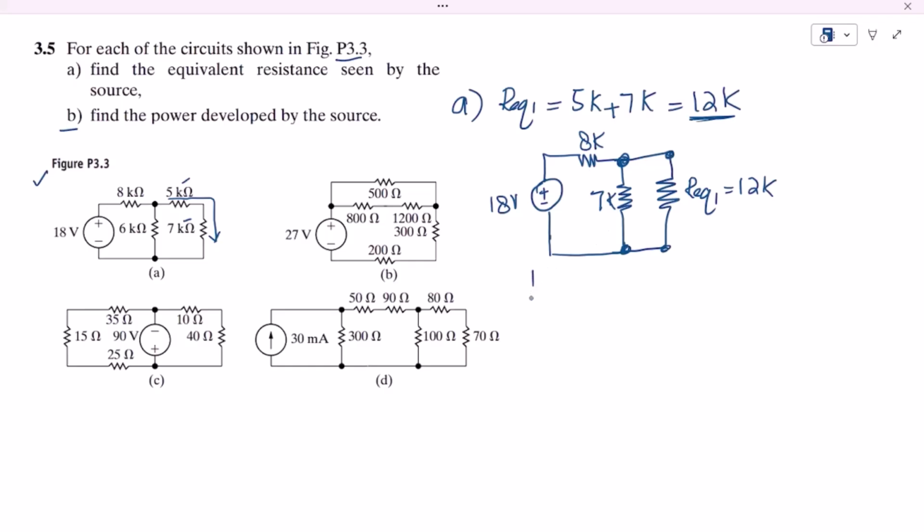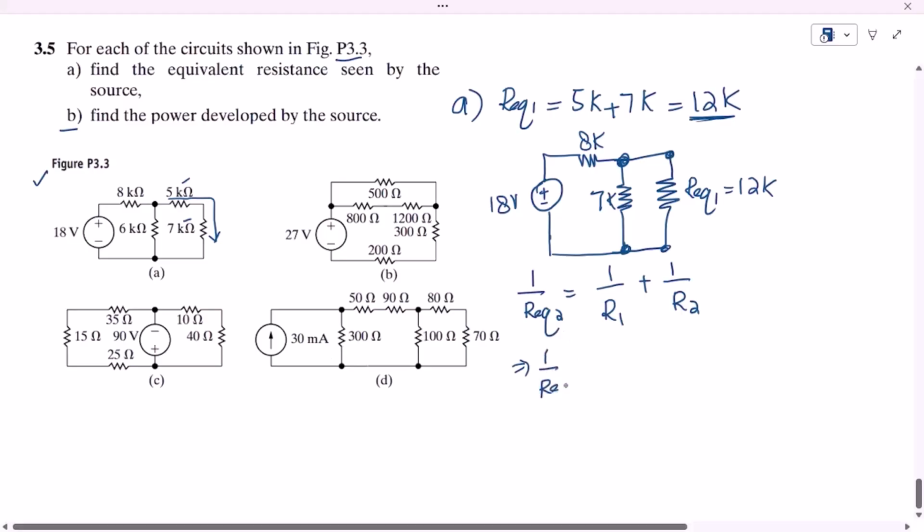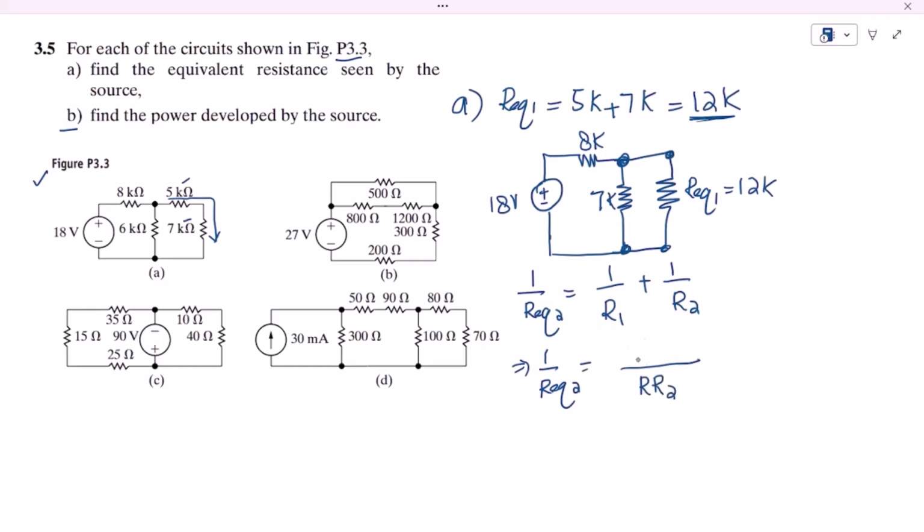In order to find the equivalent of it, that is R equivalent 2, it will be 1 over R1 plus 1 over R2. Let us simplify it first because we will use it for all these circuits. So 1 over R equivalent 2, find the LCM of it, R1 R2, and here R2 plus R1.